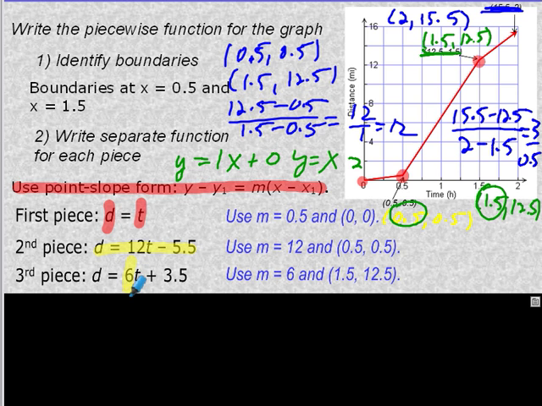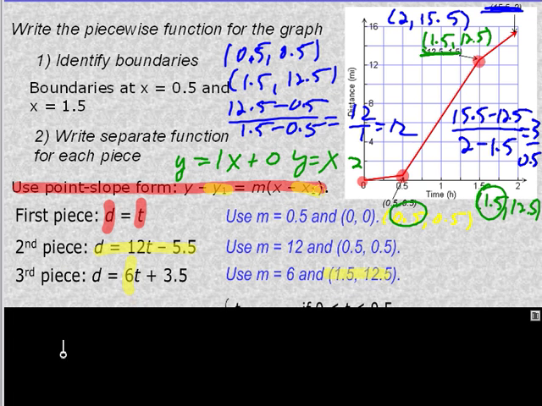And then if we use the point 1.5 and 12.5 to plug in for y1 and x1, distribute and put in slope-intercept form, then this is going to be our final equation.